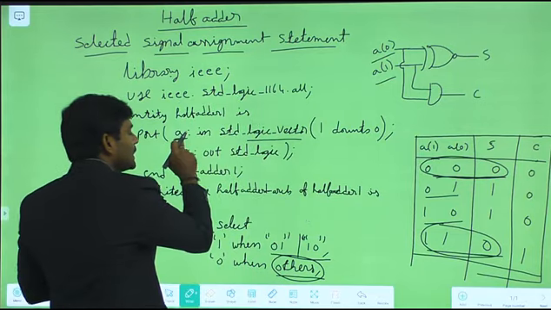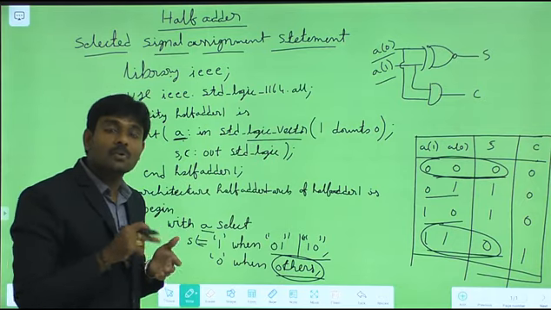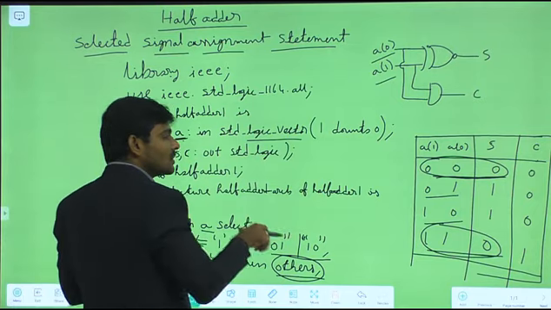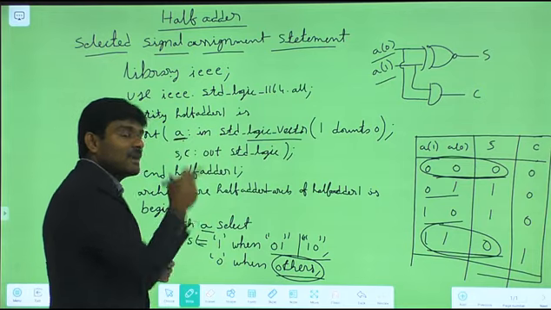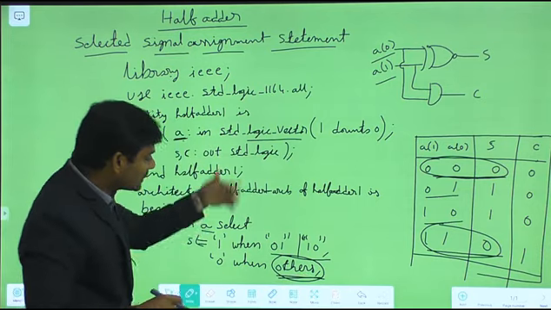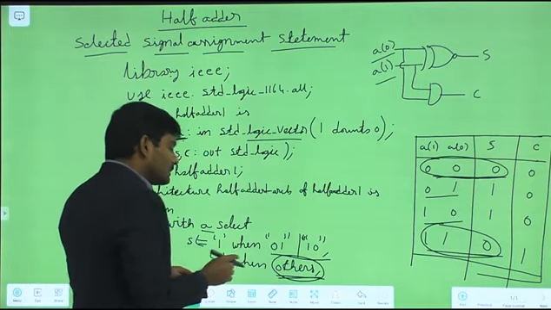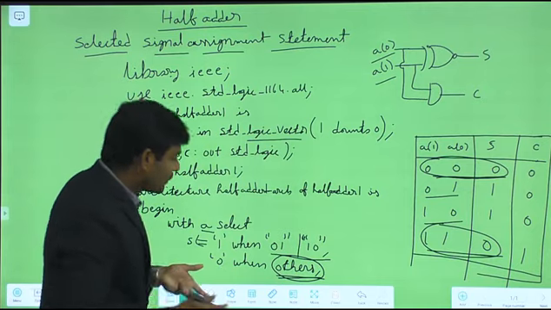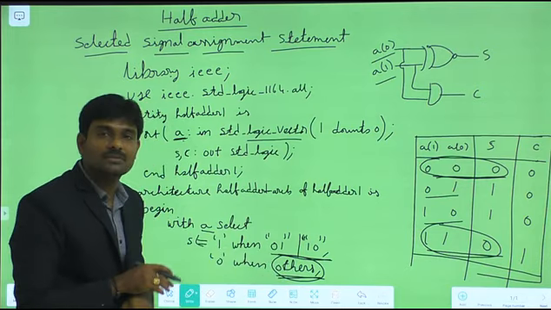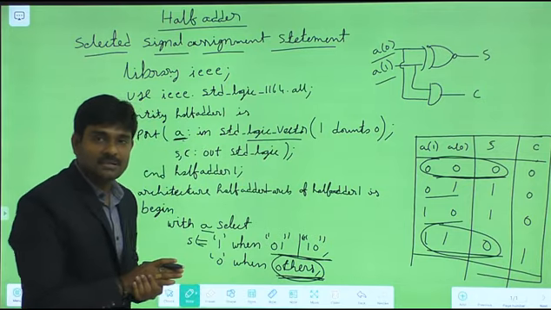But here A is std_logic_vector, which in general consists of 9 values, so based on the 2 inputs, 9 squared input combinations can be applied. By mentioning others, we cover everything other than these two in that 9 power 2 combinations, a total of 81. Out of these we mentioned only 2, and the remaining 79 combinations are covered by others. So by default, the last statement must be with others.